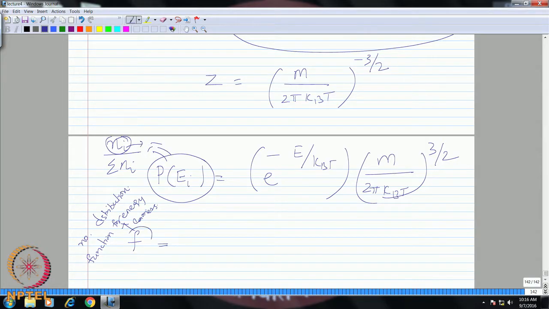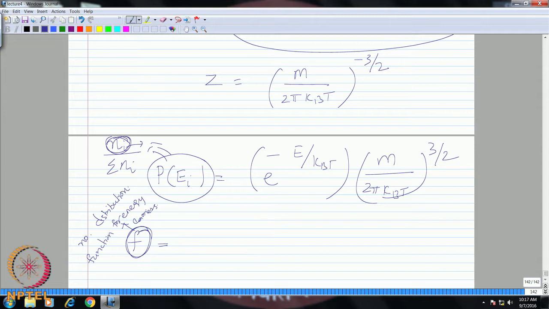Now, what we are getting here is a density per unit volume, that is the number of molecules per unit volume, it is a number density. So, this distribution signifies number density here, whereas this is just a pure number count.